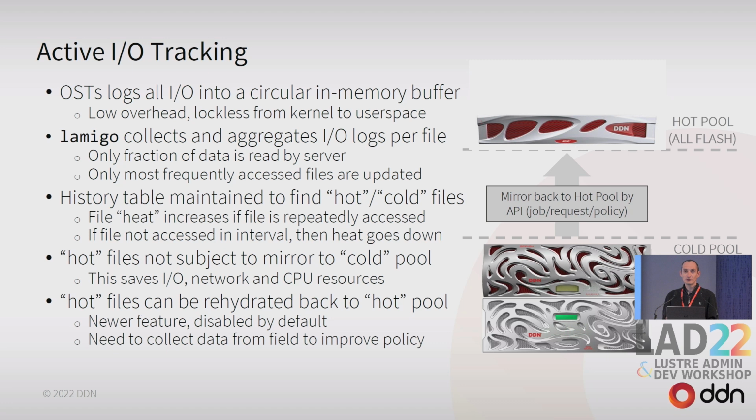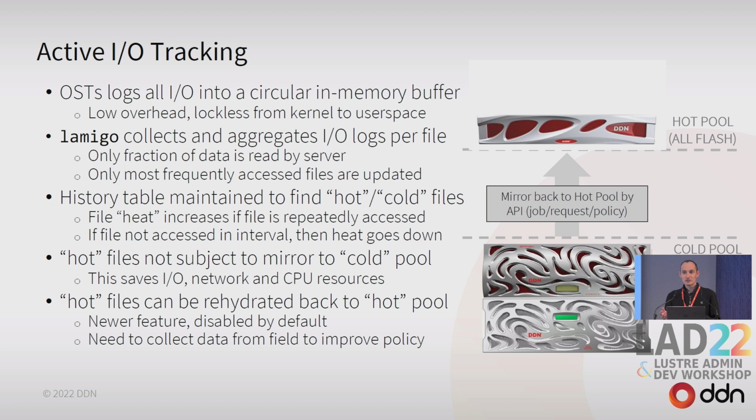For instance, if you have a file on your flash pool that is hot, then there is no point in spending time mirroring this file to the disk pool. That would be a waste of resources because we know that this file is actively being accessed, so it is kept on the flash pool only and not mirrored. Conversely, you can have a file that has been mirrored to your disk pool, and then for any reason it becomes hotter.